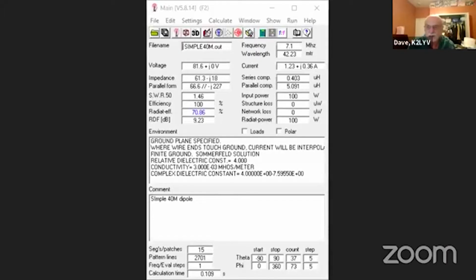Okay, so when you start up the program, I'm getting some windows here. A bunch of stuff opens up, and one of them is the main screen. And what it does is it opens up to whatever you were doing last.